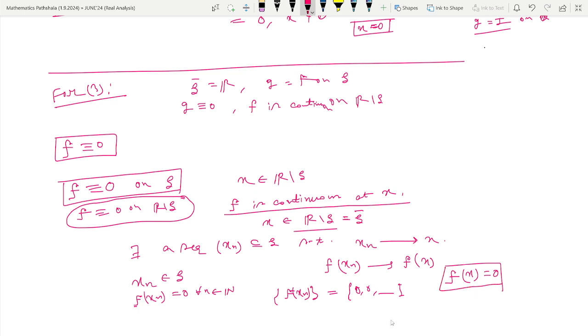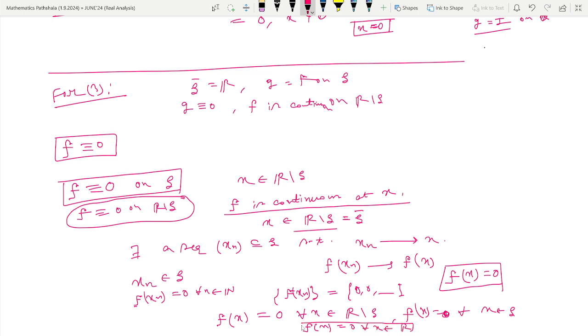As x is taken arbitrary from R minus S, we have f(x) equal to 0 for all x belongs to R minus S, and also we have f(x) equal to 0 for all x belongs to S. Now as f is 0 on S as well as R minus S, we have f(x) equal to 0 for all x belongs to R, that is f is identically 0.